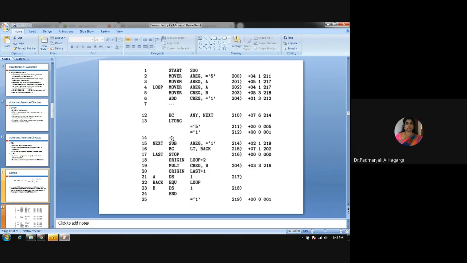And again, the dash dash indicates certain lines of the assembly instructions. Again here is one more immediate addressing mode for register 1, and this one is a repeated one.